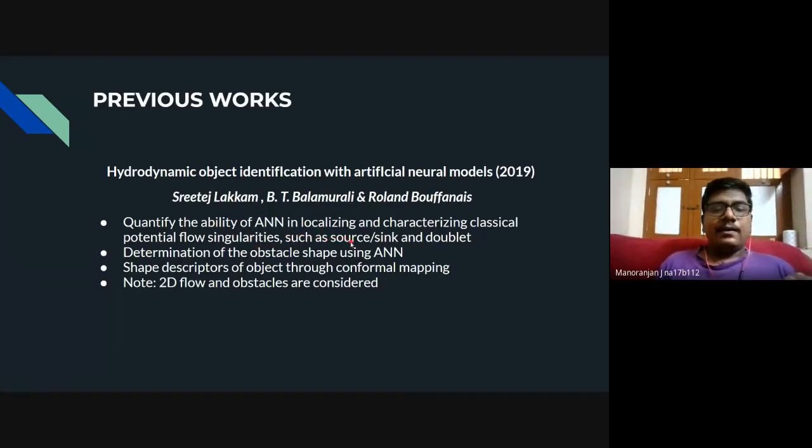So basically they will be assuming whether the flow has a source or sink and a doublet, and based on that they will be collecting the data and training it to predict an obstacle shape. The source or sink and doublet they will also be trying to predict using an artificial neural network that they have built separately for it.